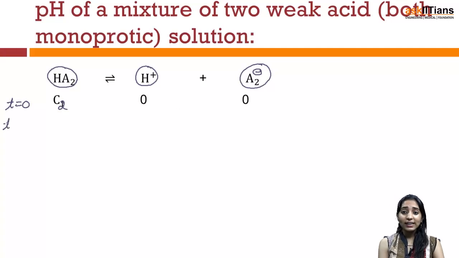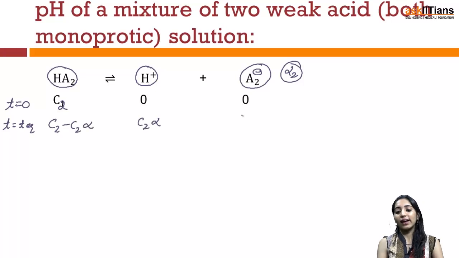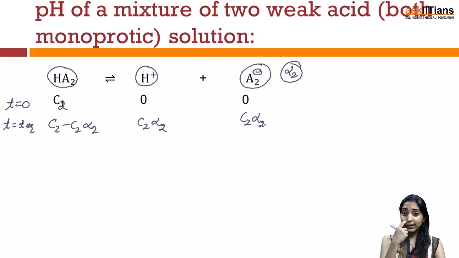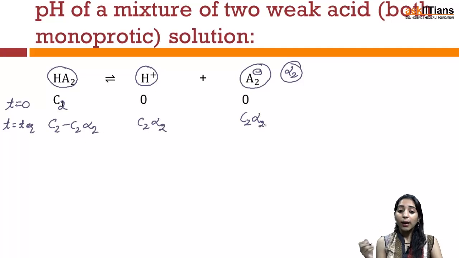At equilibrium, let alpha 2 be the degree of dissociation of the weak electrolyte HA2. So, here I will write C2 minus C2 alpha 2, here C2 alpha 2, and here also C2 alpha 2, because this is the second degree of dissociation which we are considering for the other acid. But now, we should know that both these equilibriums are taking place in the same container.